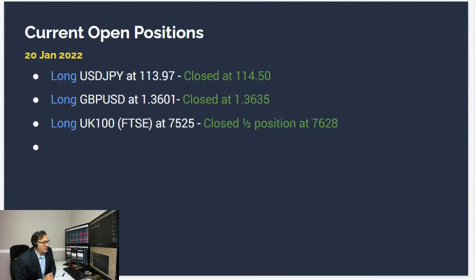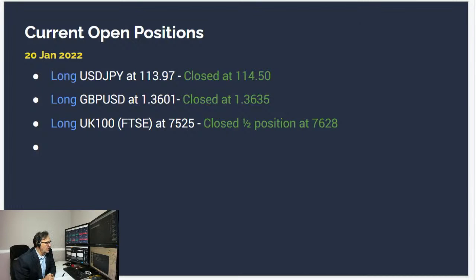Unfortunately, it didn't reach the ultimate take profit level, but I've closed it at 136.35 on the retracement. Basically, it did not break through. I'll show you this a little bit later. It didn't break through previous swing highs and carry on higher, but I've closed it.